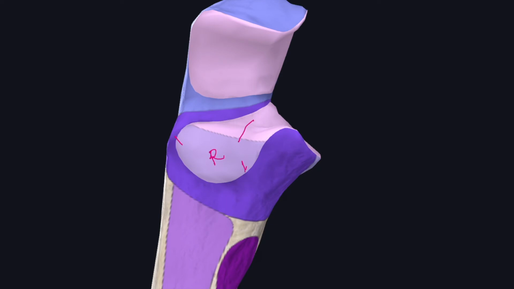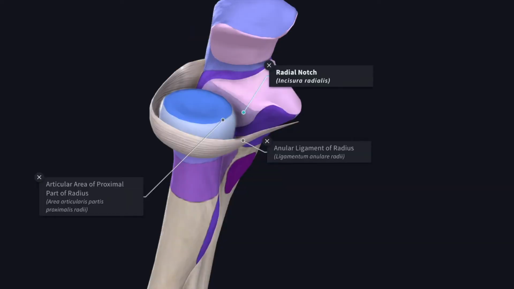The radial head rotates around a vertical axis within the osseo-ligamentous ring.